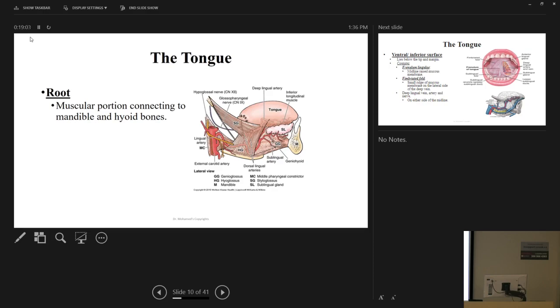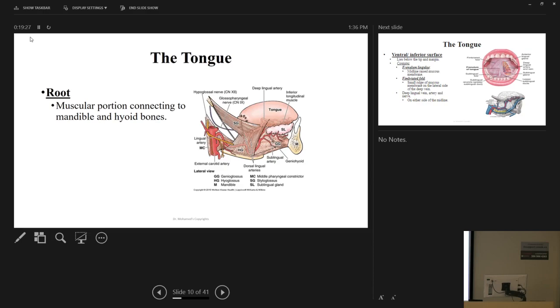That muscle is named geniohyoid. So now we know why they're named like that, genioglossus and geniohyoid. The genioglossus originates from the superior genial tubercle, and the geniohyoid originates from the inferior genial tubercle.